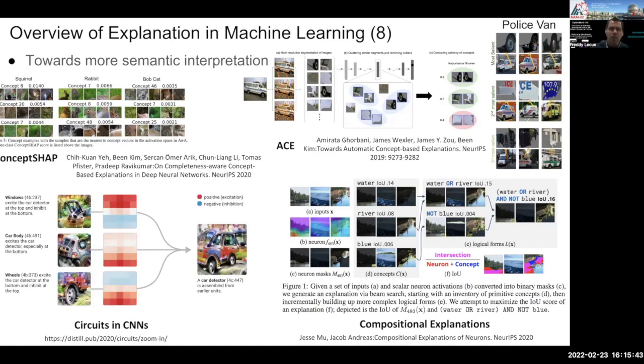And some work at NeurIPS, I think a year ago, called compositional explanations, which is built on top of the MIT papers, which now try not only to label a neuron, but they try to find a compositional description of a neuron. And their thesis is, a neuron should not be only one label. There might be a composition of negations, conjunctions, and disjunctions of labels.